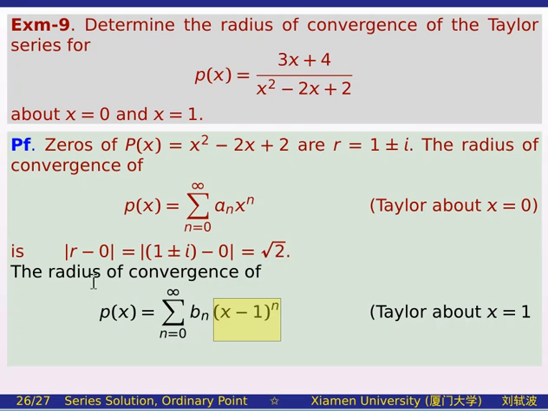By the remark, the radius of convergence of this power series is the distance from 1 to the nearest zero of capital P. But the distances from 1 to both zeros, 1 plus i and 1 minus i, are the same. The distance is 1. So the radius of convergence is 1 for the Taylor series about x equal to 1.